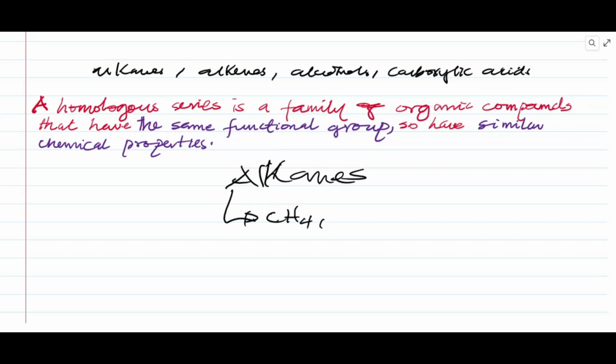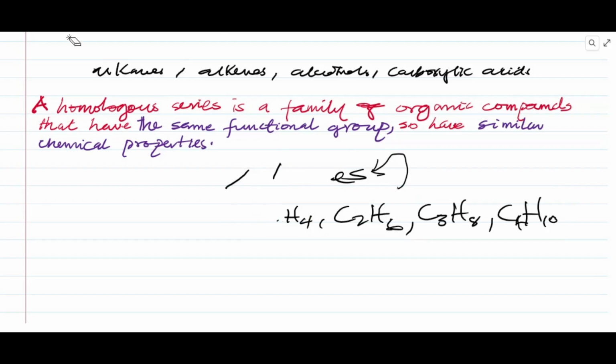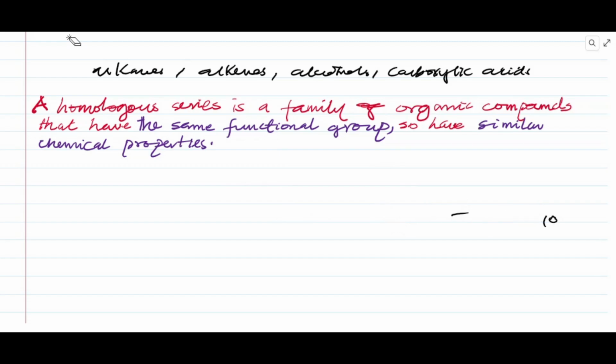Another family member is C2H6. Another is C3H8, and then C4H10. So these are the members of the alkane family, and altogether this is a homologous series. What do they have in common? We look at their properties one by one, so we'll understand what homologous series means in a deeper way.